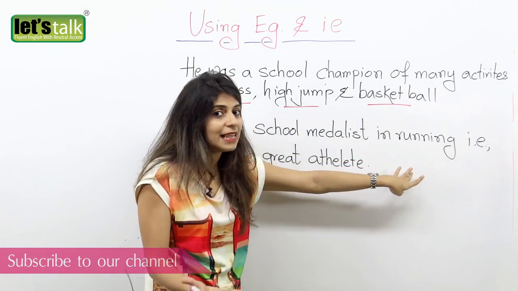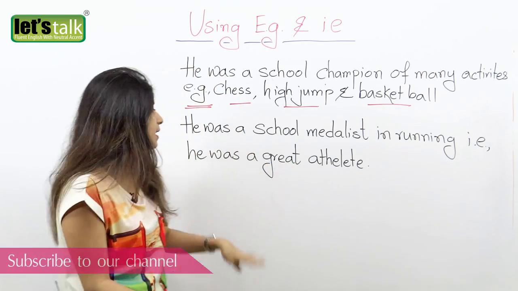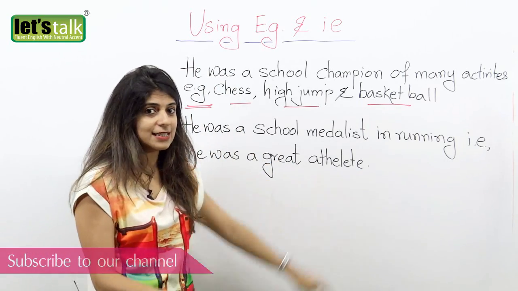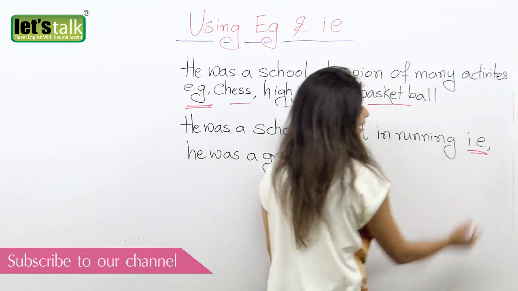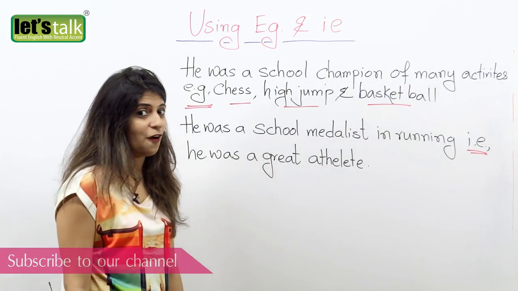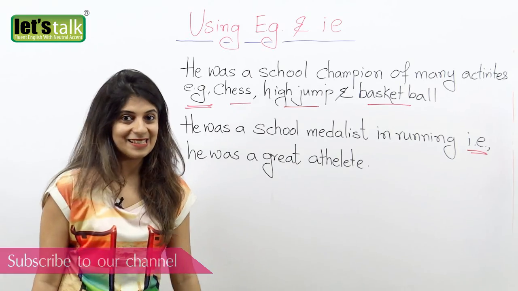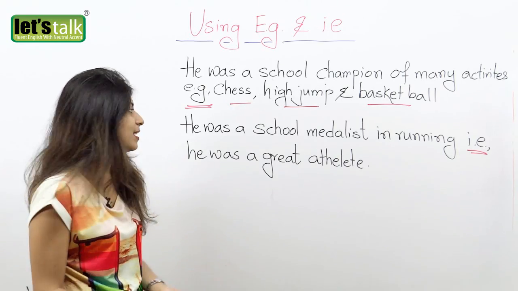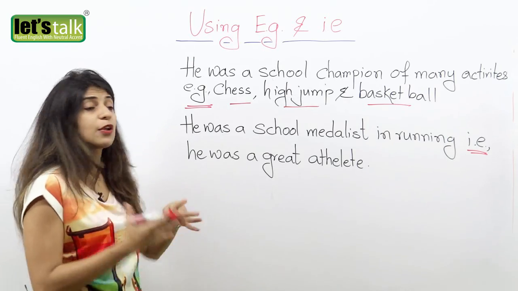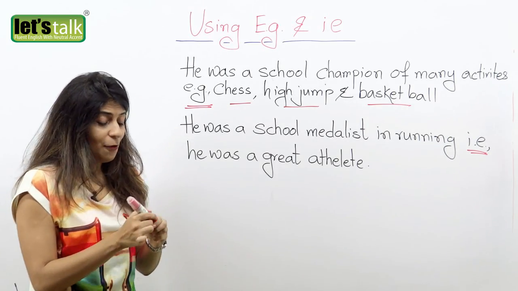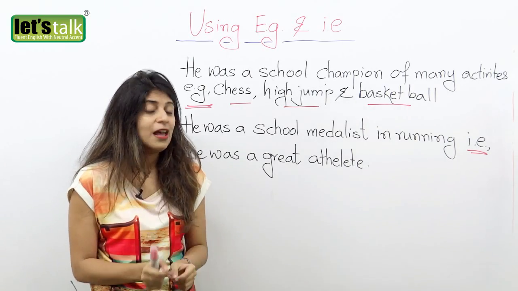Now I'm explaining this in other words: he was a great athlete. And that's exactly the reason why I have used i.e. That's the abbreviated form of that is, or in other words. So, he was a school medalist in running, i.e. he was a great athlete. Now, hope this is clear to you.